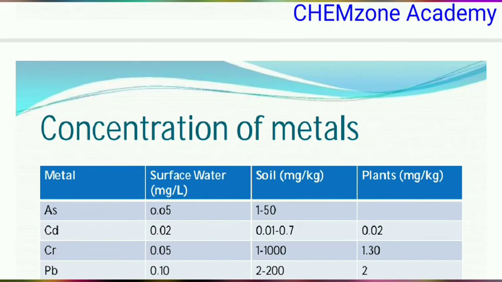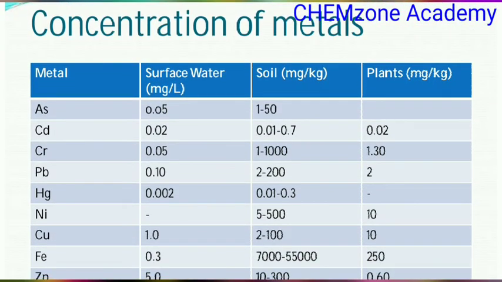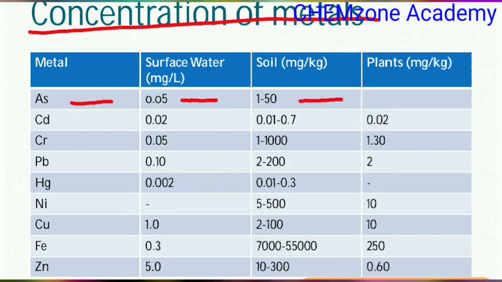Now we study the concentration of metals, which are efficient or completely good or bad for any kind of plant. Arsenic is found in surface water at 0.05 milligram per liter, and in soil and plant, nothing. Cadmium found in a plant is 0.02.